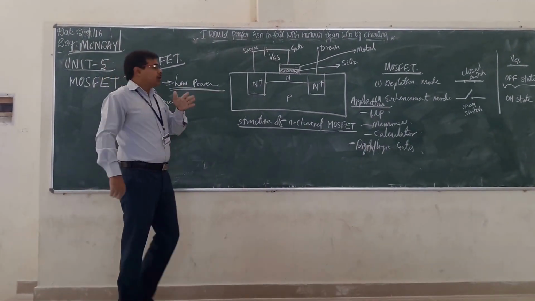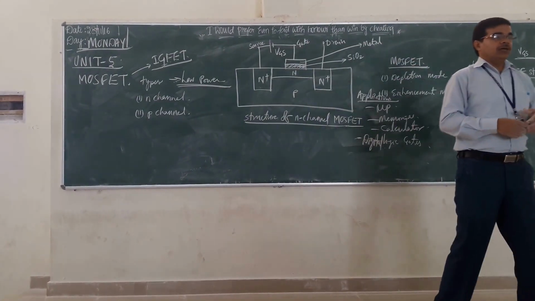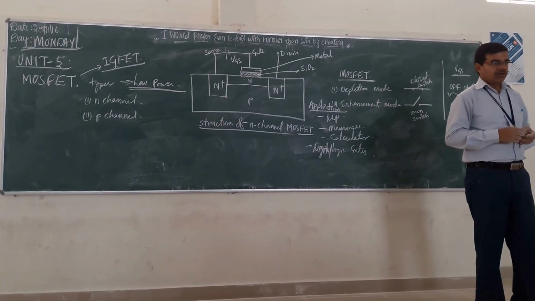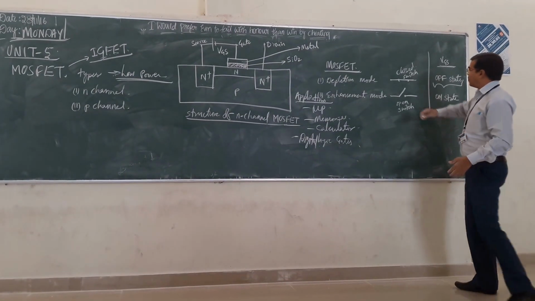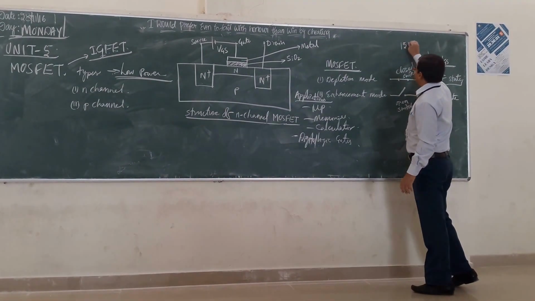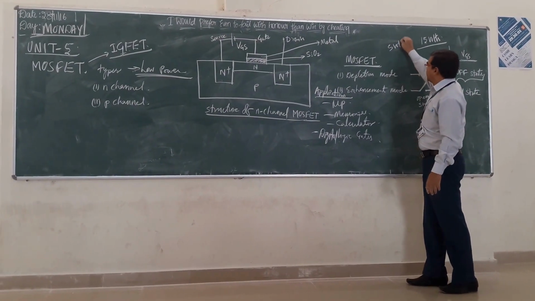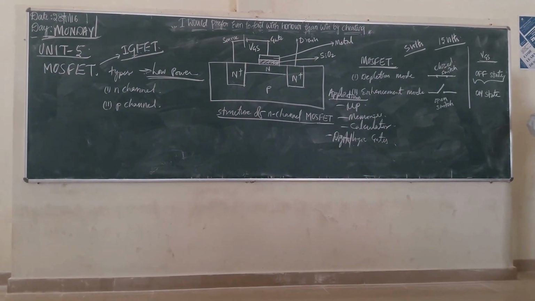You know that even today, in digital electronics, the maximum requirement is 5 volts. If you are going for analog, we are going for 15 volts. So you just see how much reduction there is.